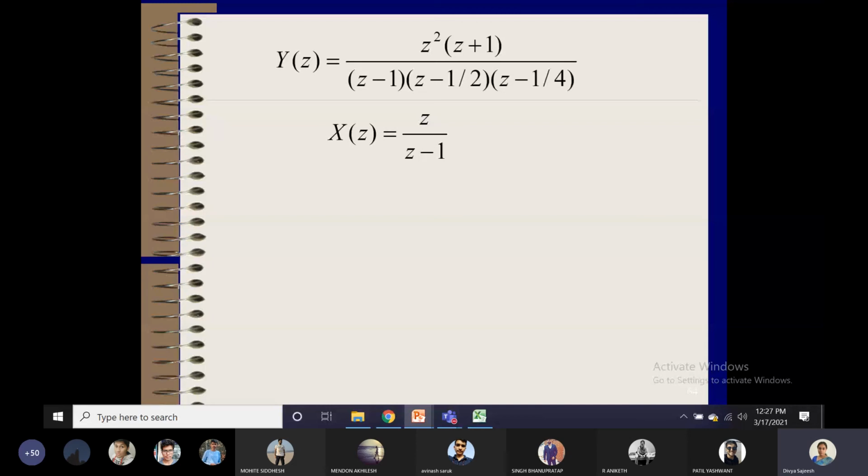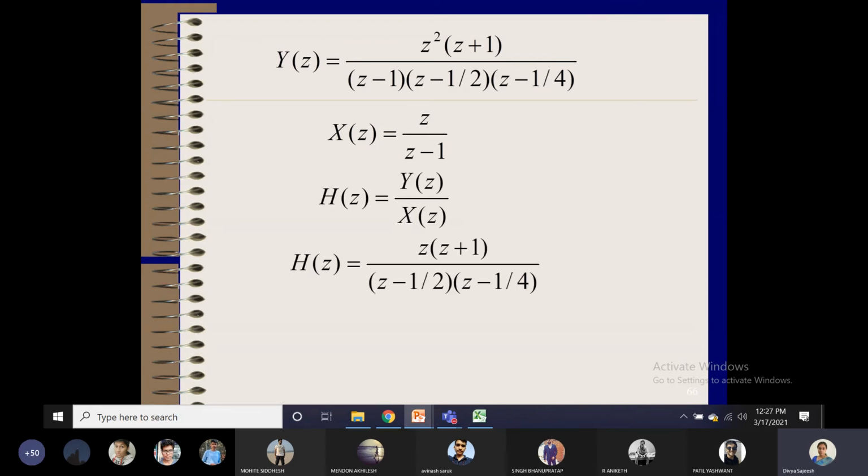So take the ratio Y(z)/X(z). Then the term z minus 1 and one of the z will get cancelled and you will obtain z(z+1) upon (z - 1/2)(z - 1/4). Just equate z as e^(jω), you will obtain the frequency response.